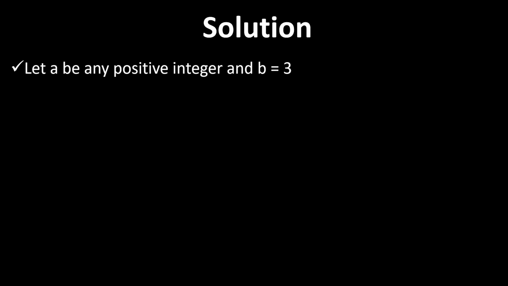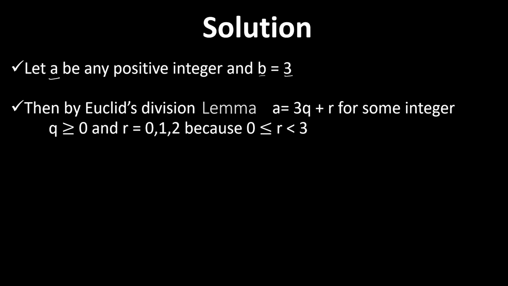So here we'll assume a to be any positive integer for which the divisor b is equal to 3. And then by Euclid's division lemma, we can write it down as a is equal to 3 times q plus r, where a is the dividend, 3 is our divisor, q is the quotient and r is the remainder.